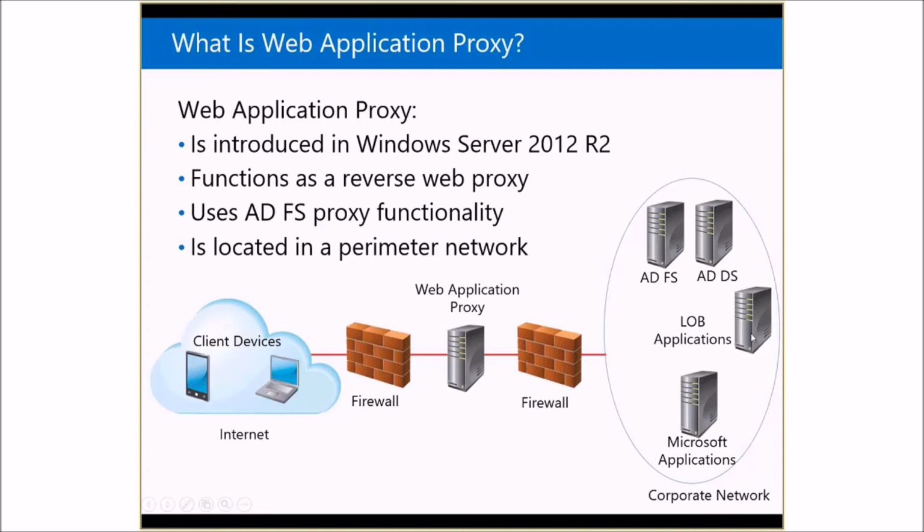This is our internal network. This is the internet. In this case, our clients are on the internet, but they want to access a resource on the internal network, and we don't necessarily want them to dial in and access our internal resources because they're not necessarily our users. They could be just someone on the internet.